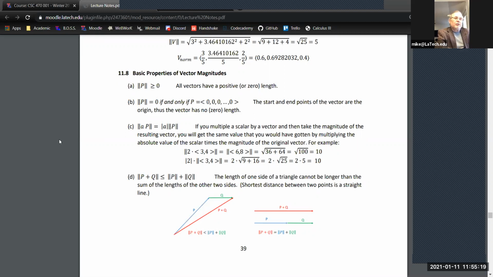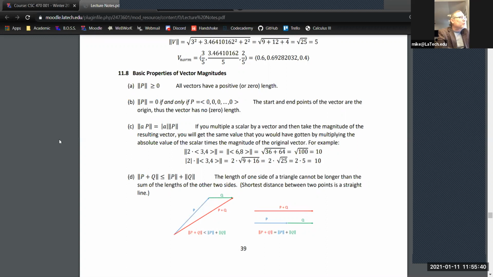Any other value where either the x, the y, or the z, or any combination of them are not 0, then you'll have a vector with positive length. It is impossible to have a vector with negative length. It doesn't even make any sense. You can't drive negative 5 miles to work. You can drive 5 miles to work, 2 miles to work.